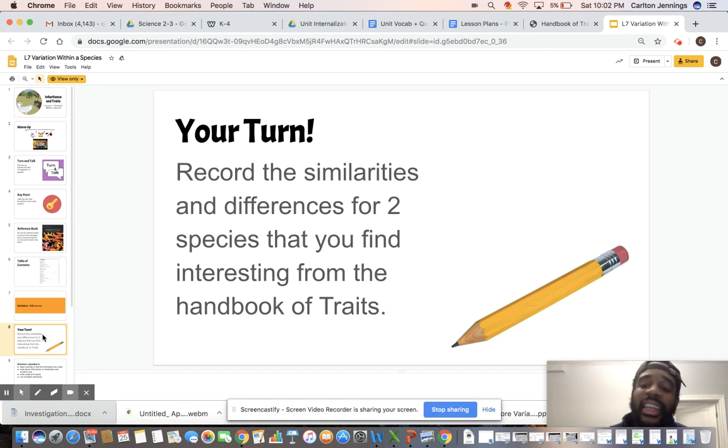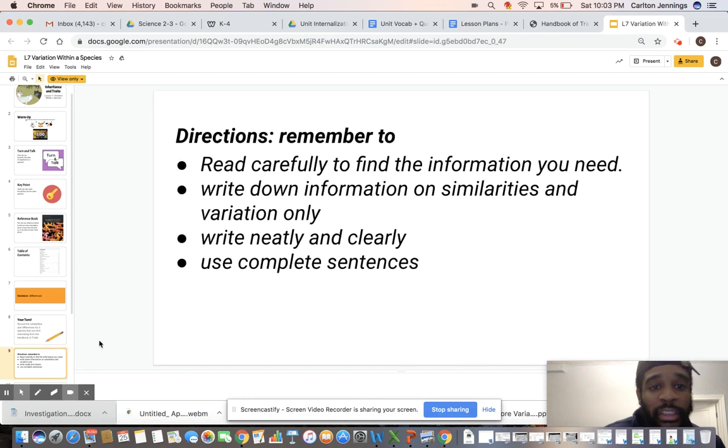You can use any different animal that you want. You could maybe use sharks. You can use dolphins. You can use whales. You can use ants. And if you want to push yourself to go further, you can find those 2 similarities and 2 differences or 2 variations of a different type of species.